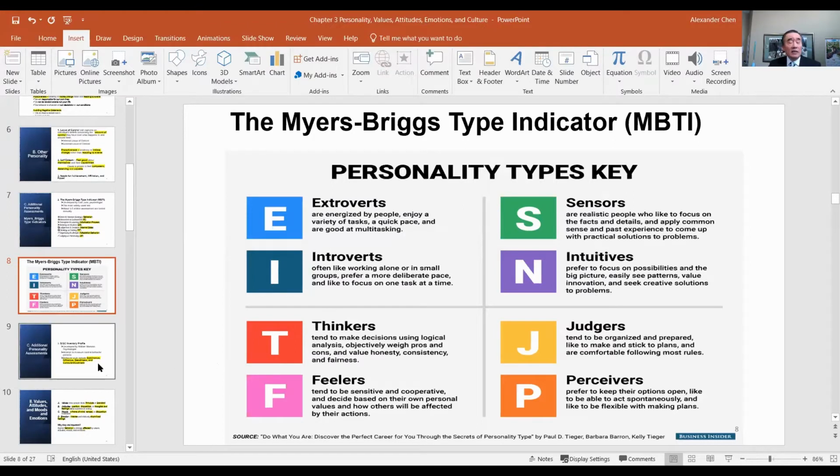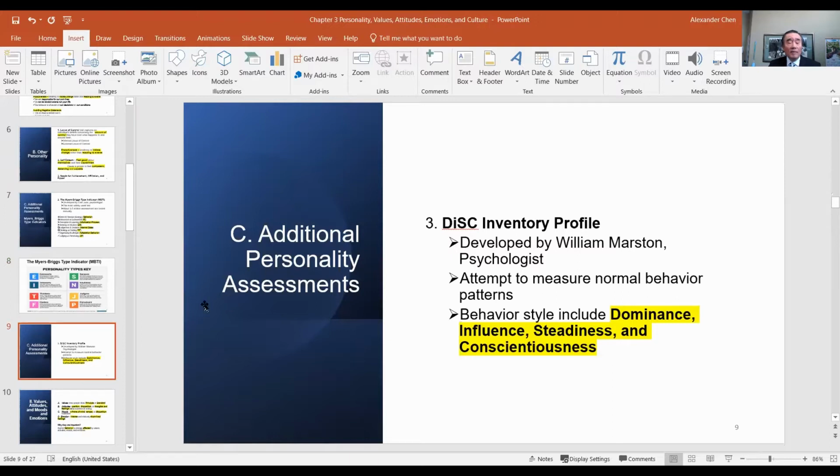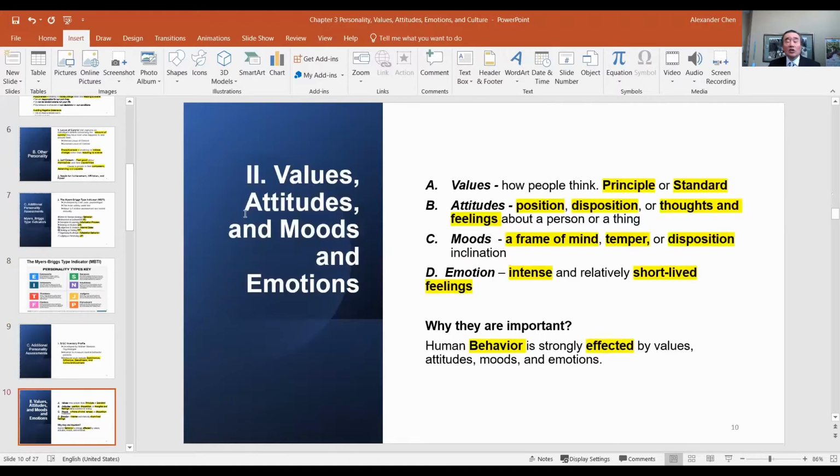Okay? We then move to section 2, talking about values, attitudes, moods and emotions. What is a value? Values are something you learn.